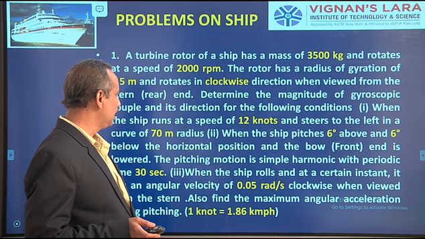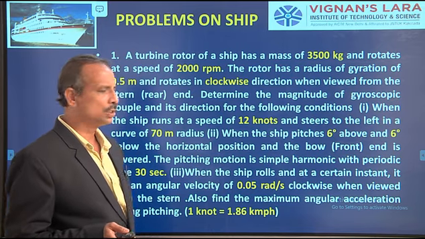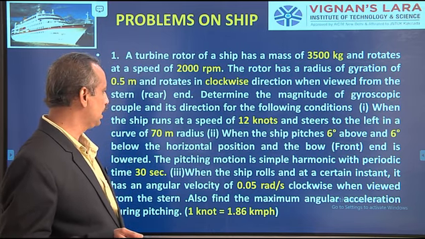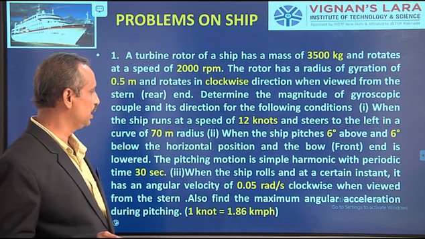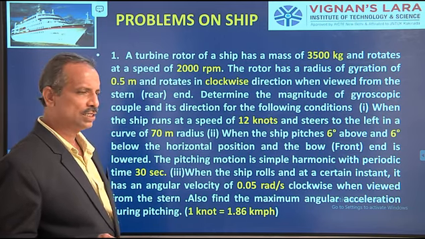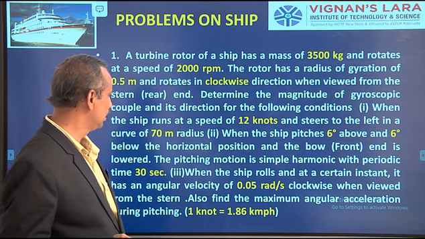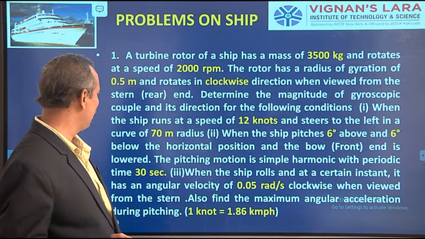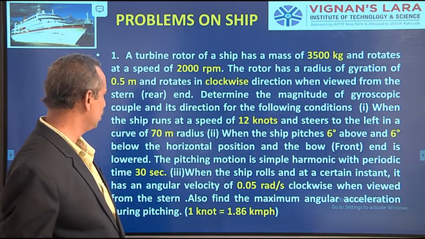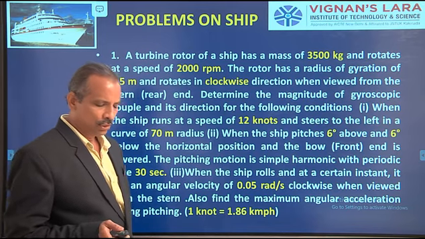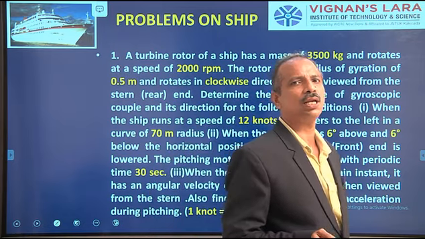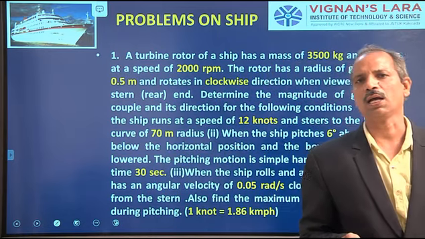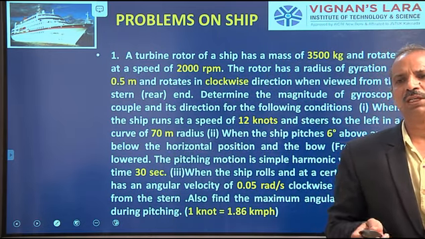And the last part is when the ship rolls and at a certain instant it has an angular velocity of 0.05 radians per second clockwise when viewed from the stern. Also find the maximum angular acceleration during pitching. So these are the three cases that cover all the theory that we have discussed in the theory part which we analyzed.